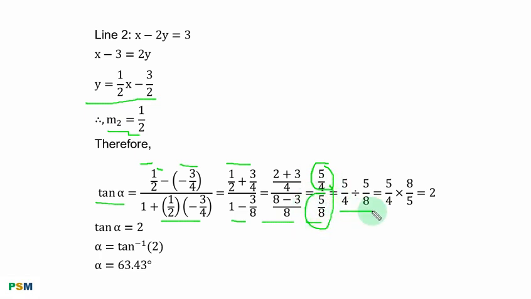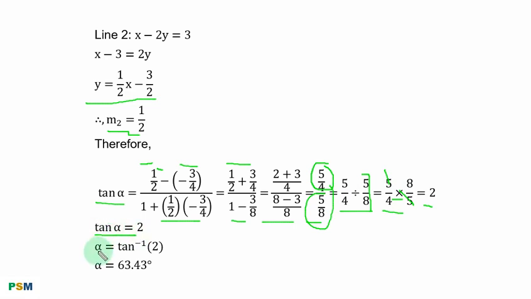In division of fractions, division sign changes to multiplication, and the fraction at the right of the sign is inverted. So you have it in this form. 5 cancels 5, divide 8 by 4, you have 2. Therefore, tan alpha is equal to 2.